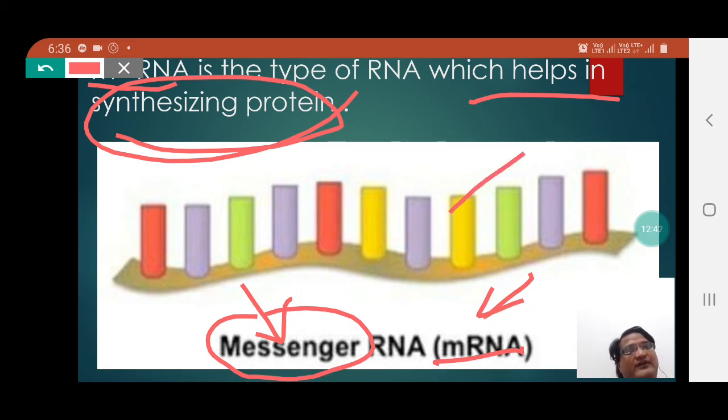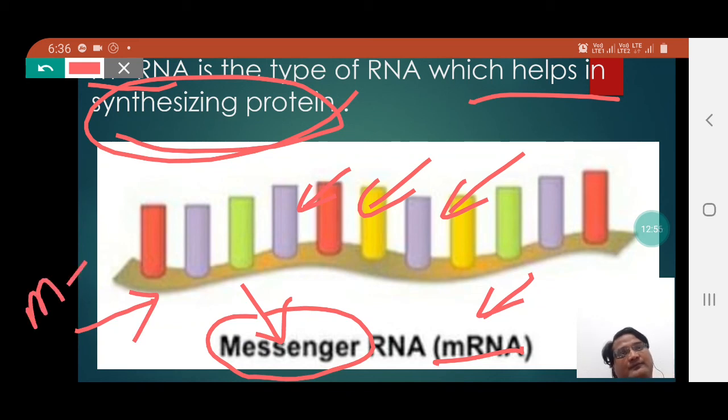Students, here you can find a huge number of informations which are required during the protein synthesis, and this is the mRNA. So students, here you can notice that it is also a single stranded structure.